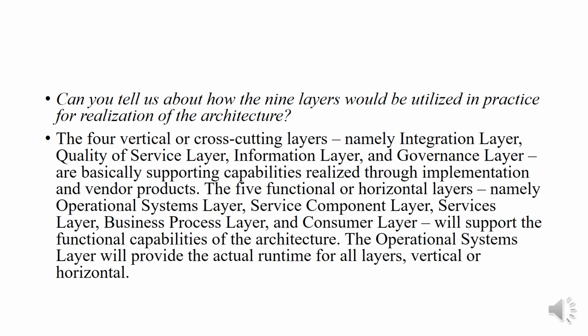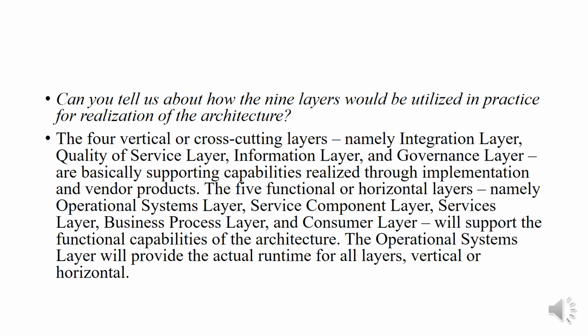So can you tell us how the 9 layers would be utilized in practice for realization of the architecture? The answer is, the 4 vertical or cross-cutting layers, namely the integration layer, quality of service layer, information layer and governance layer, are basically supporting capabilities realized through implementation and vendor products.